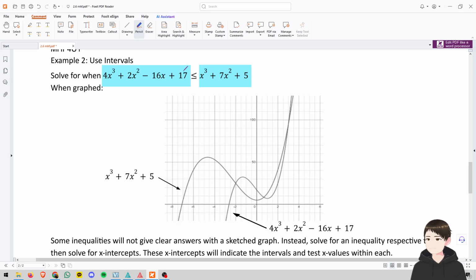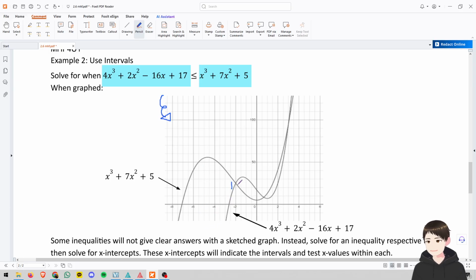Another way of saying it is, when is the y value of this function going to be smaller than the y value of that function? Another way to interpret that is, when is the 4x cubed function going to be under the x cubed function?